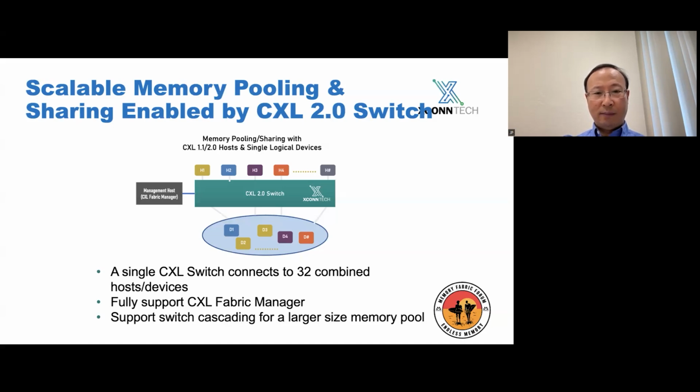Each port can be by 8 or by 16, and we support by 8 bifurcation in the current product. We fully support the CXL Fabric Manager, and we also support a simple fan out of switch cascading to enable a very big memory pool.